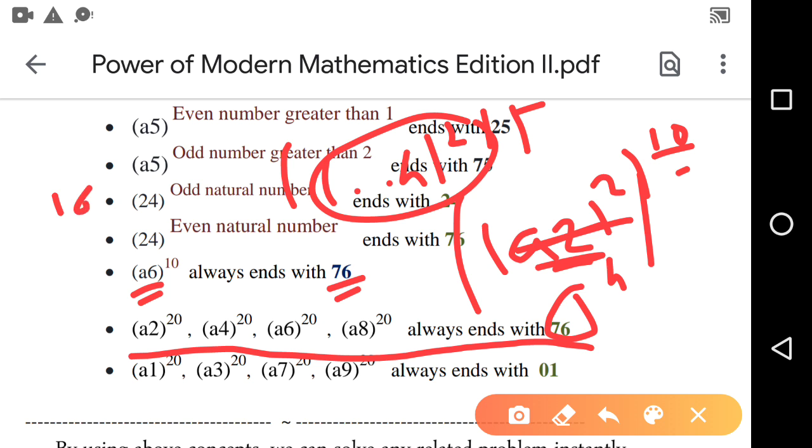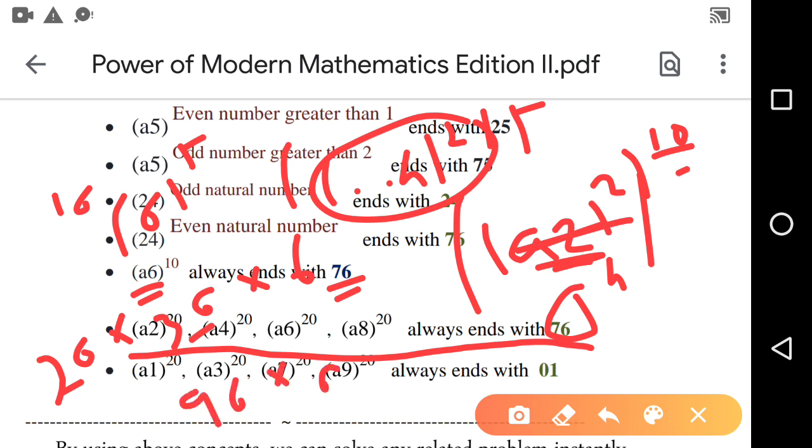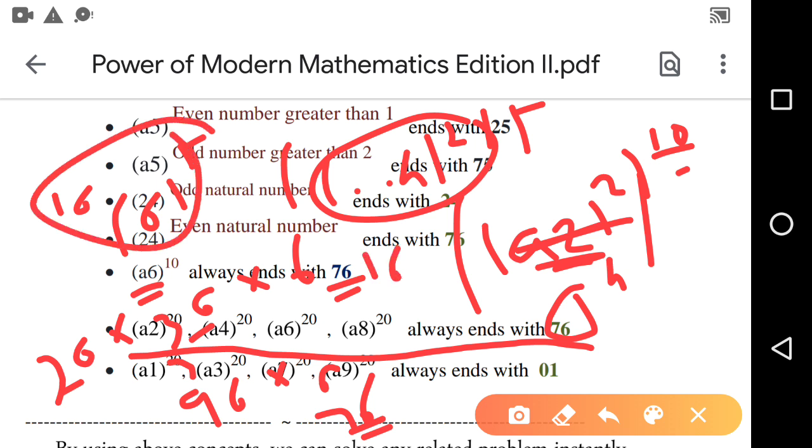Consider 16, or 6 raised to 5. 6 squared is 36. 36 into 36 into 6: 36 times 36 is 1296, 96 into 6 is 576, it also ends with 76. Similarly, we can verify for other numbers like 16.